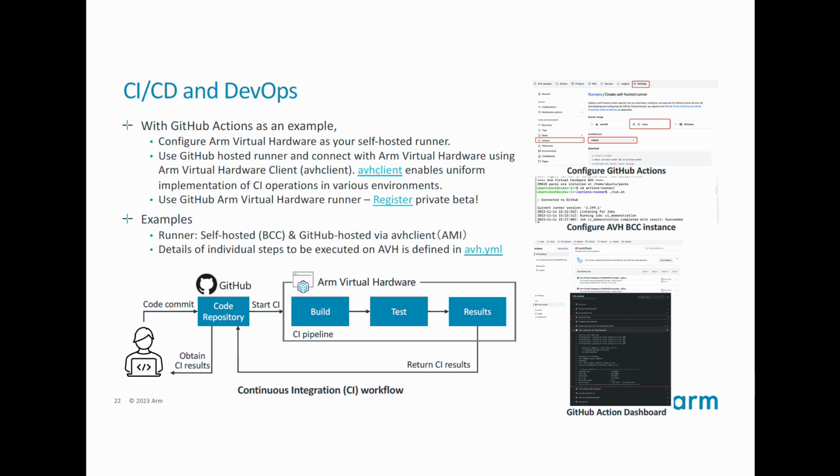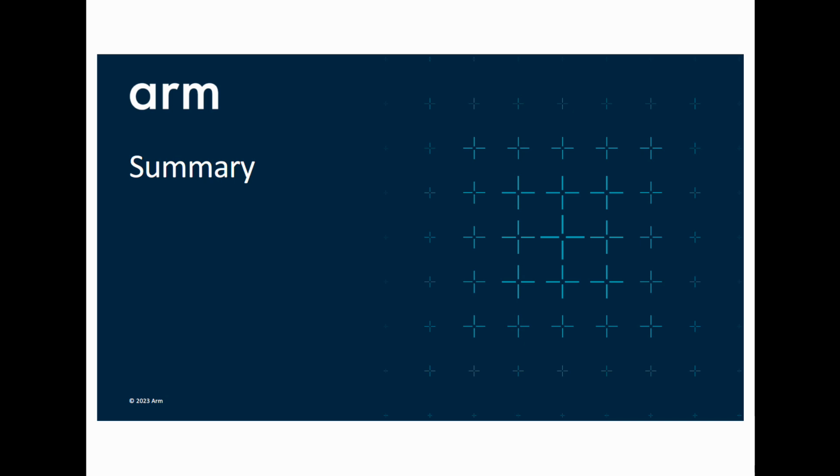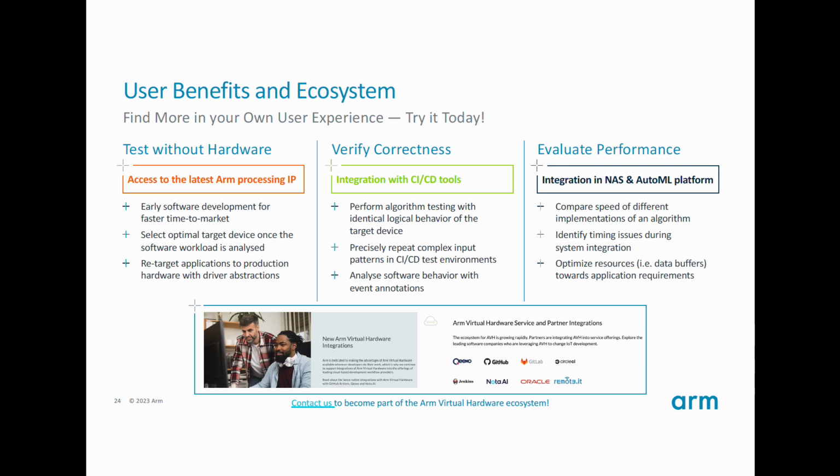So let's do a short summary. With our virtual hardware, it can help you access ARM's novel IP processors even before they come to real chips. You can pre-test and evaluate whether it's possible to run your software on our new processors. I think this is more important, and very important to tinyML applications because memory and resources are always limited.